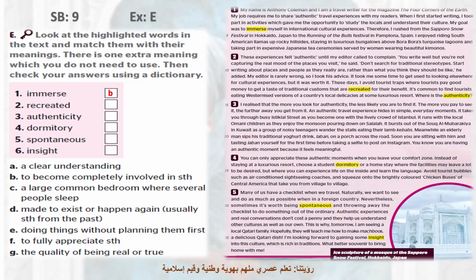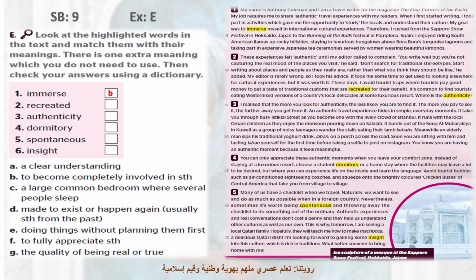Let's move to the second word, which is recreated. Again, I'm going to read the context in paragraph 2. These days, I avoid tourist traps where tourists pay good money to get a taste of traditional customs that are recreated for their benefit.